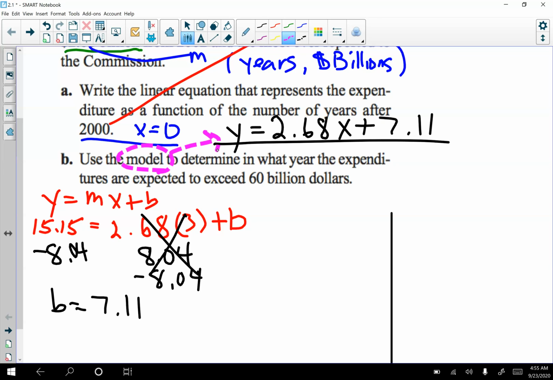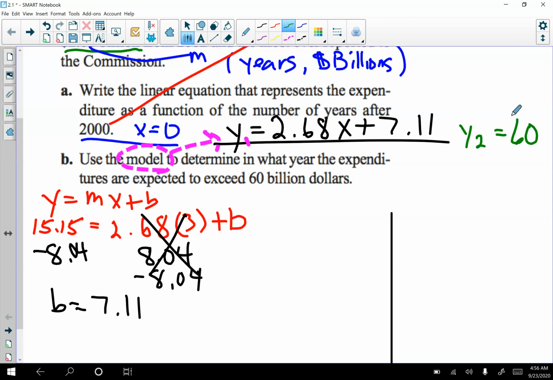the expenditures are expected to exceed $60 billion. So they want to know when this will exceed $60 billion. So this is going to be my y1, and my y2 is going to be 60.